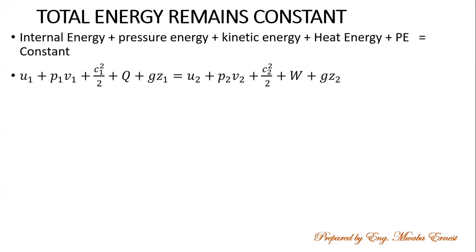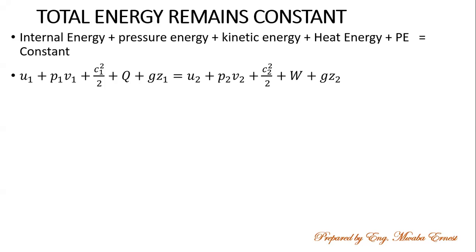So writing now in mathematical form, internal energy is represented by letter U, so that's U1, because that is state 1, the internal energy at point 1. Pressure energy is now supposed to be a product of the pressure and not just the volume, but the specific volume, because this is volume per unit mass.